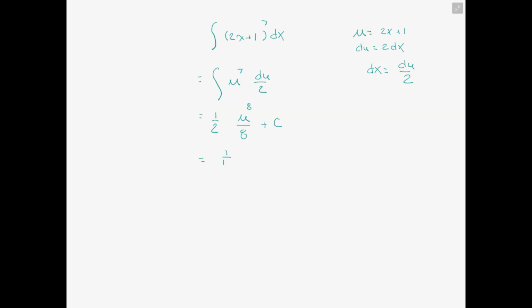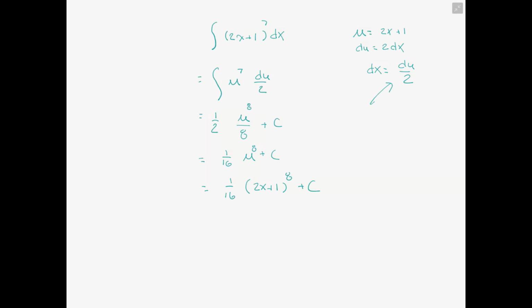So that's equal to 1/16 u to the 8th plus c. And the final substitution gives (2x plus 1) to the 8th plus our constant. And that is our solution.